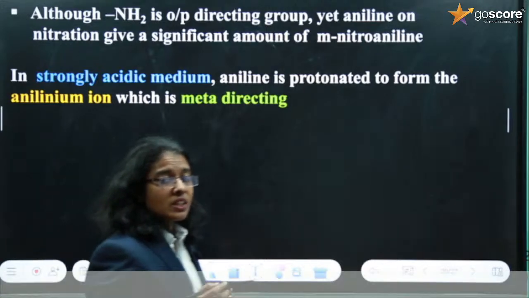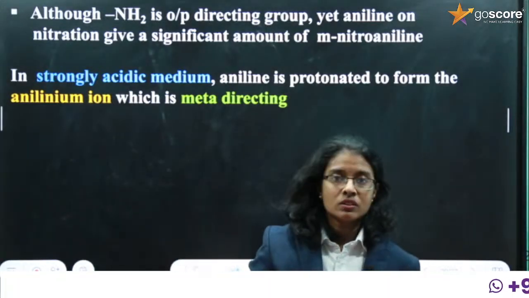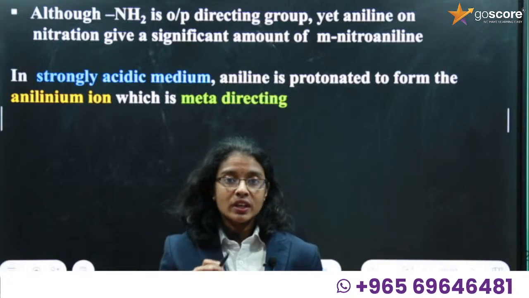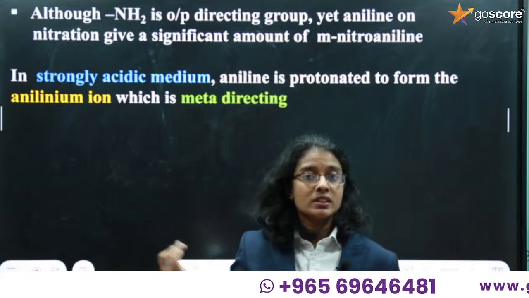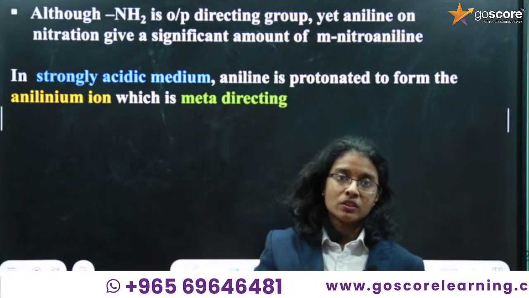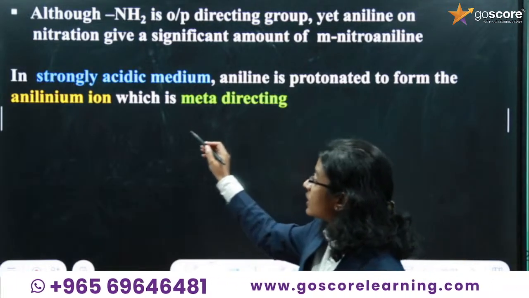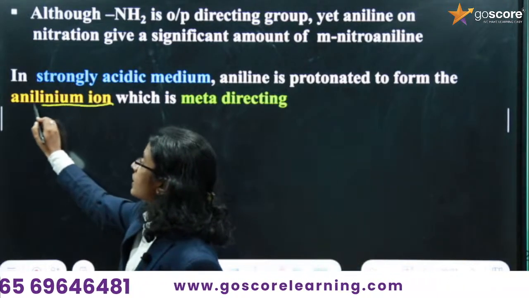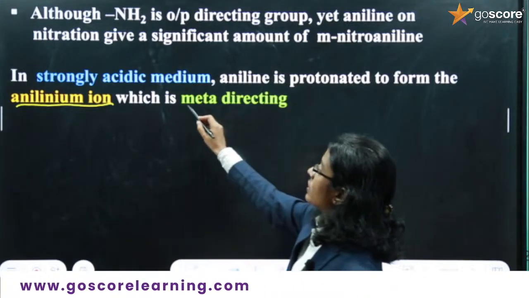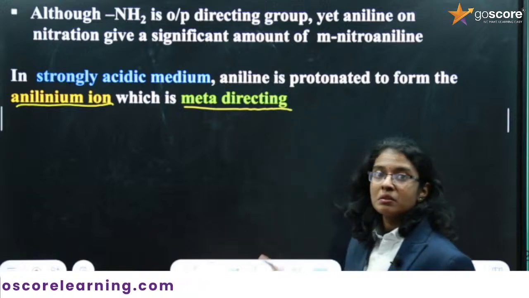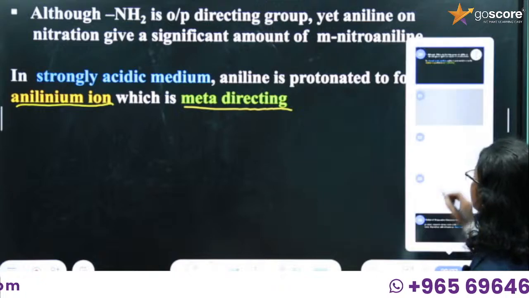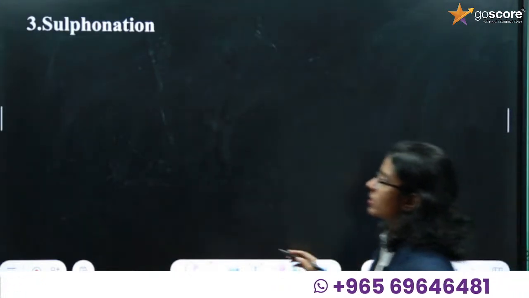See, aniline on treating with strong acidic medium, aniline is a base and it reacts with the strong acid to form salt. You will get anilinium ion. That anilinium ion is meta-directing. So you get nitro group at the meta position. Is it clear? Okay.